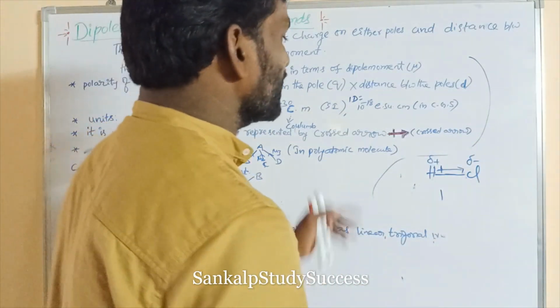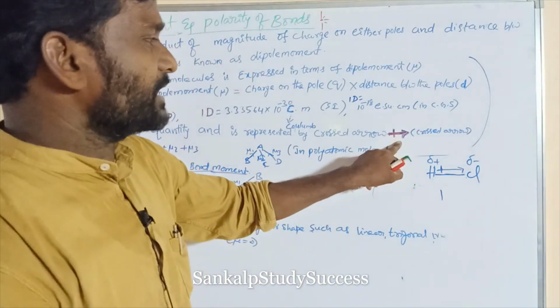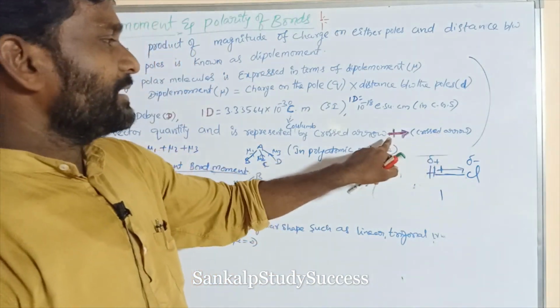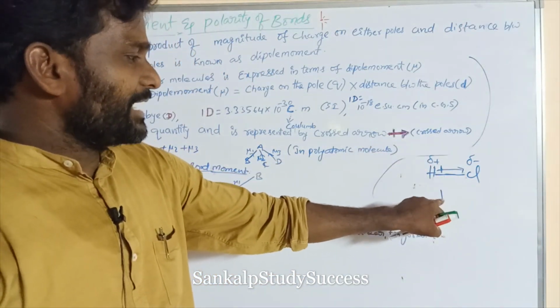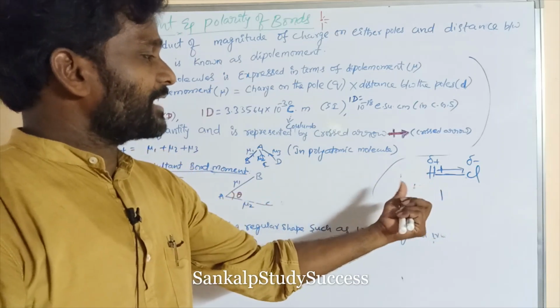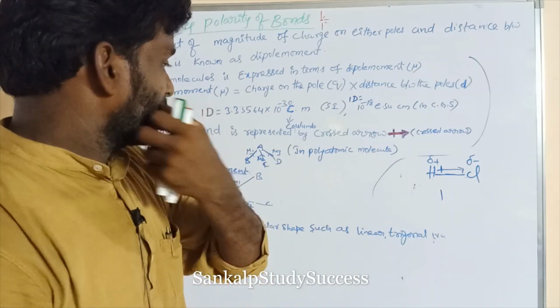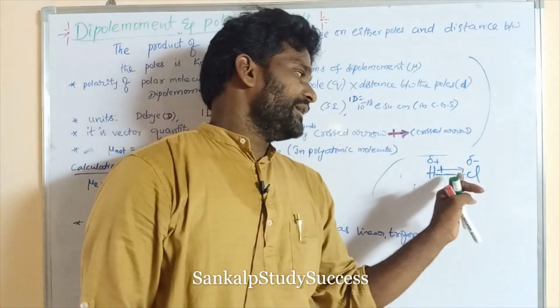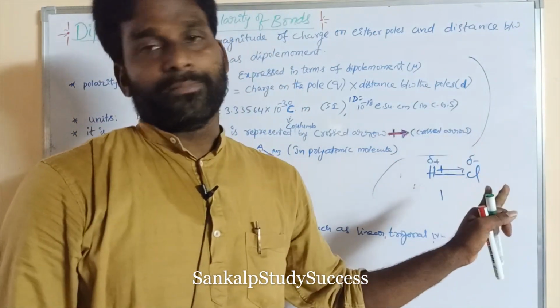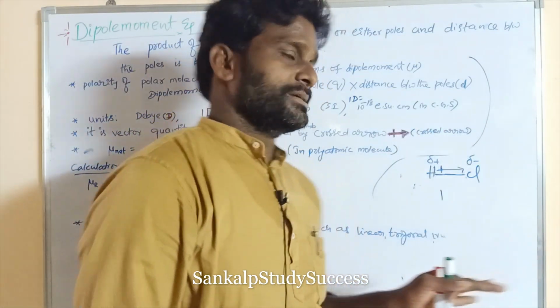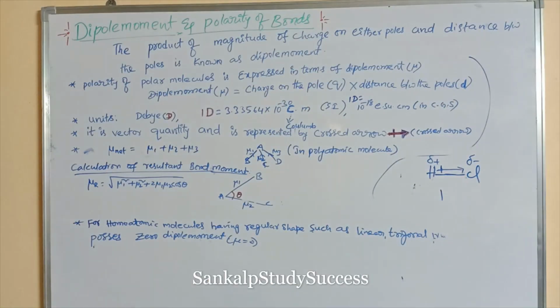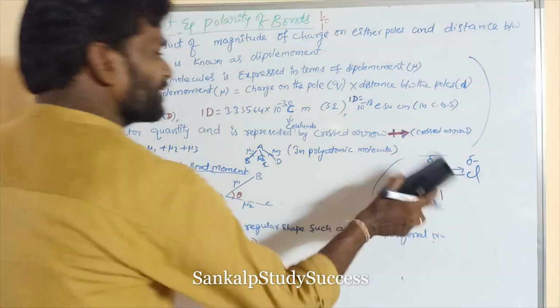So this is represented by a crossed arrow. Here the crossed end indicates the less electronegative atom, like delta plus, and the arrowhead indicates the more electronegative atom, like delta minus.